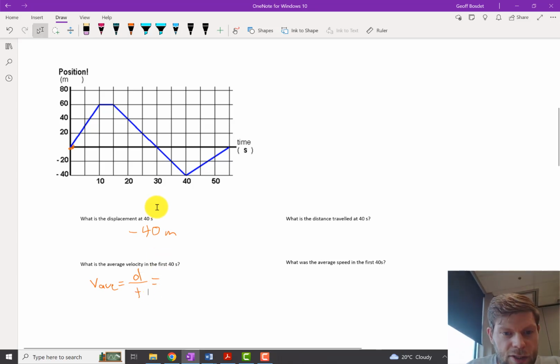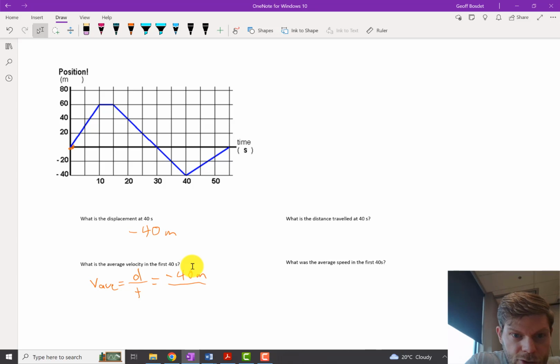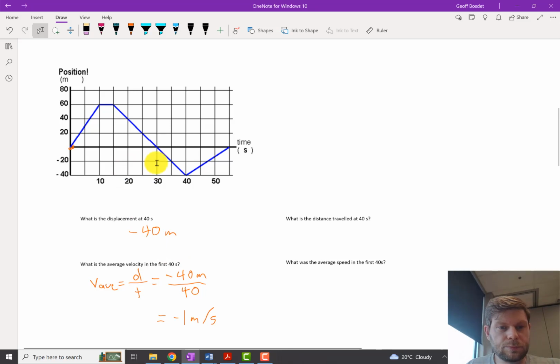In the first 40 seconds I have gone negative 40 meters total from where I started, and it took me 40 seconds. So on average my velocity was negative 1 meter per second. At no point is my velocity actually negative 1 meter per second. It's 0 here, it's 6 meters per second here, and it's minus 4 meters per second here, but on average it's minus 1 meter per second.